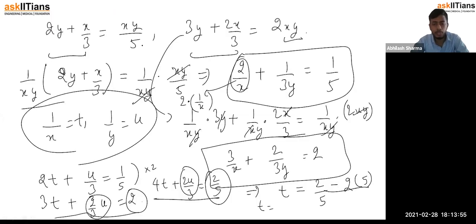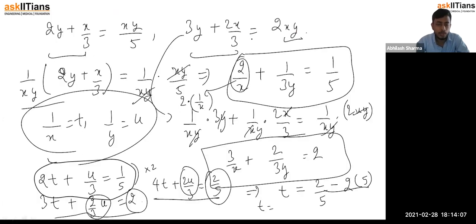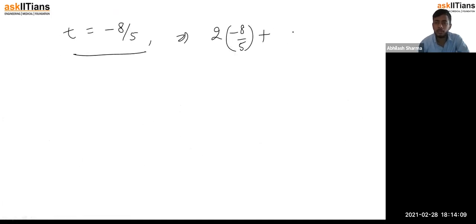And how much will be u? So let us use this equation. 2 into t plus u by 3 is equal to 1 by 5. So here what are we getting? We are getting minus 16 by 5 plus u by 3 is equal to 1 by 5.